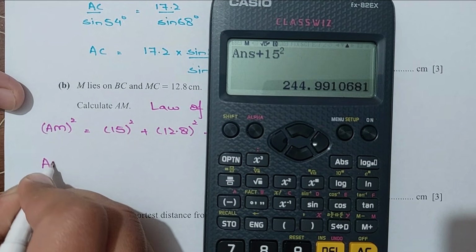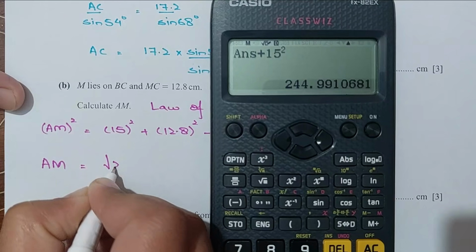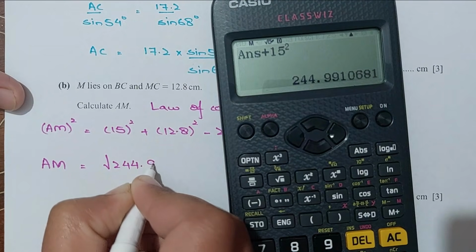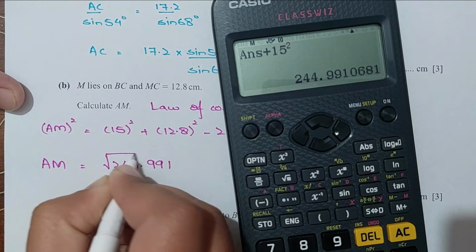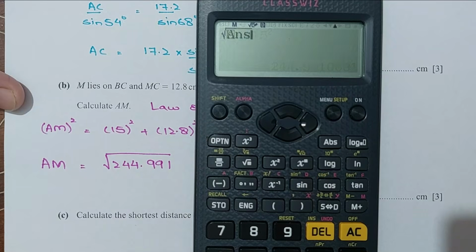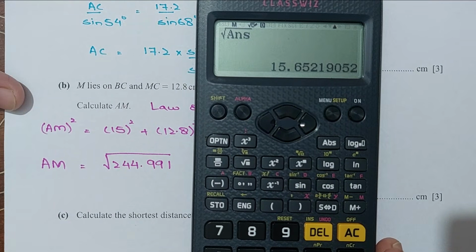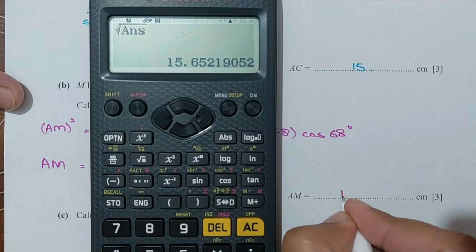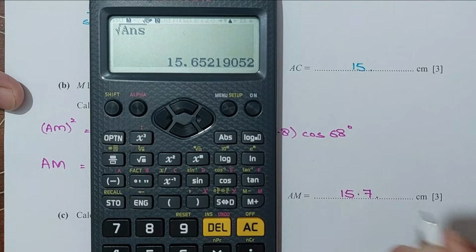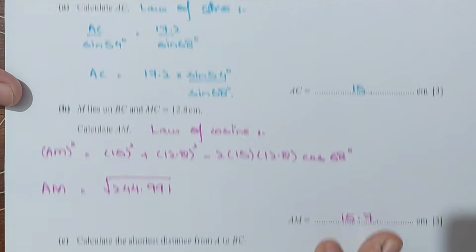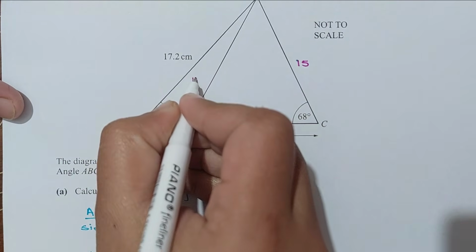So AM is square root of 244.991. Square root of answer is 15.65, or we can say 15.7 centimeter if I round it. This is AM.